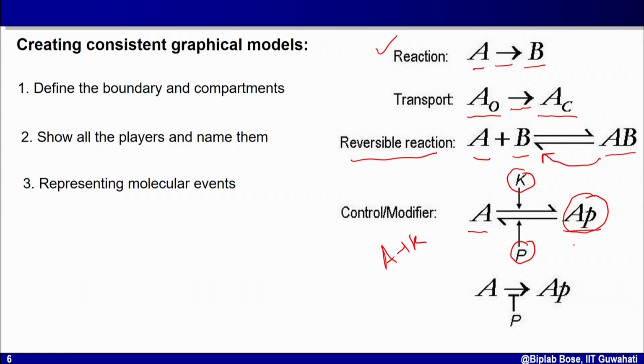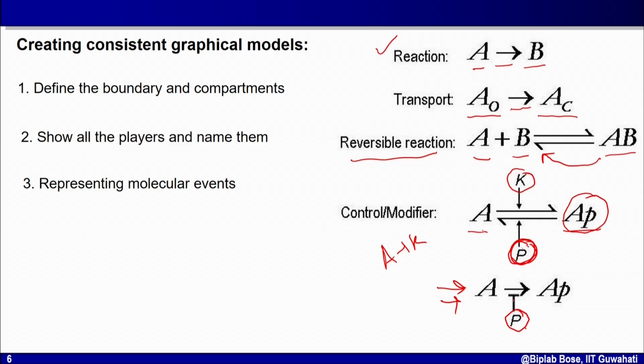Now, here in this example, AP is getting dephosphorylated to A. So that means P, the phosphatase, which is removing this phosphate group from A, is actually working opposite to the kinase reaction, phosphorylation. So sometimes some people may want to represent it as if P is a molecule or enzyme which is inhibiting phosphorylation of A. So that can be represented as I have shown: A to AP, this is the normal process by which A gets phosphorylated to AP, and P is inhibiting it.